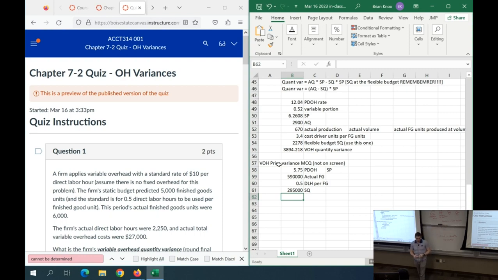The problem is how I wrote out the "cannot be determined" option. I wrote the wrong reason. So I need to look at that. That question is wrong. The answer it will accept is "cannot be determined," but the way that answer is written, it's not true. It's not that it cannot be determined because we don't have a standard rate. We do have a standard rate. We don't have actual quantity, and that leads us not to have actual price.